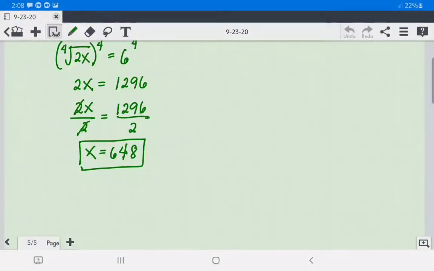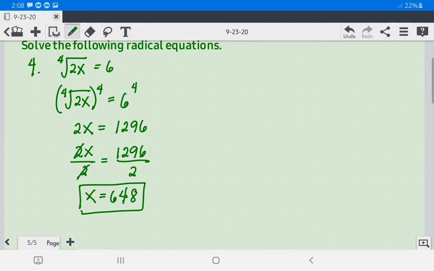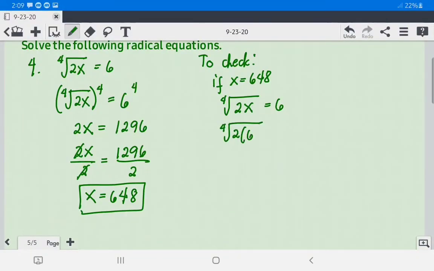Okay. Then let us check. If x is equal to 648, using the original equation, we have the fourth root of 2x equals 6. The fourth root of 2 times 648 equals 6.